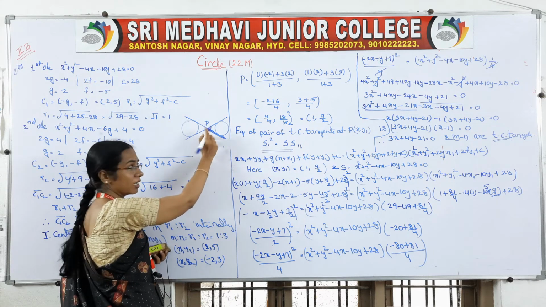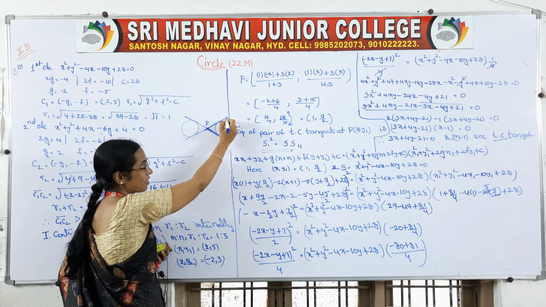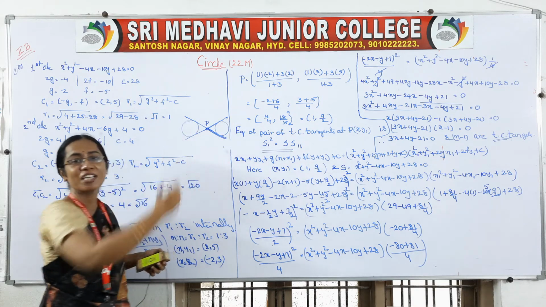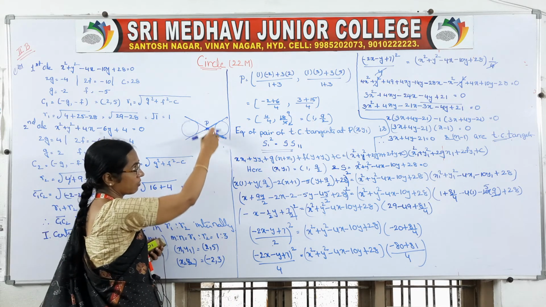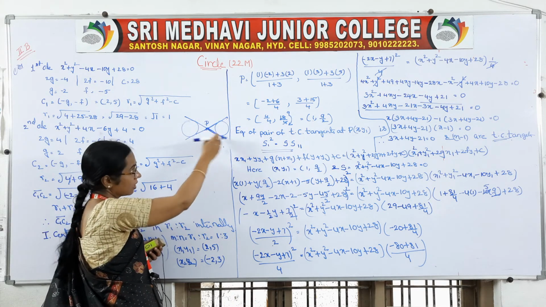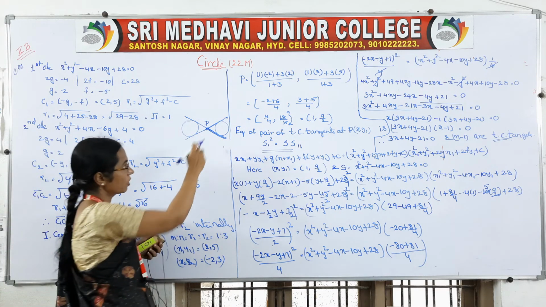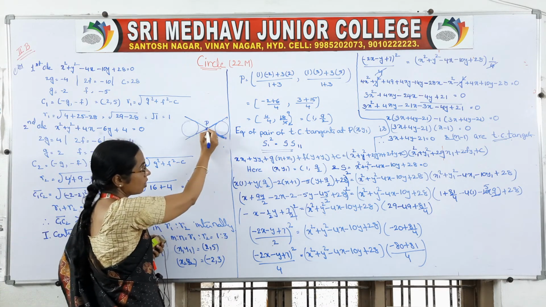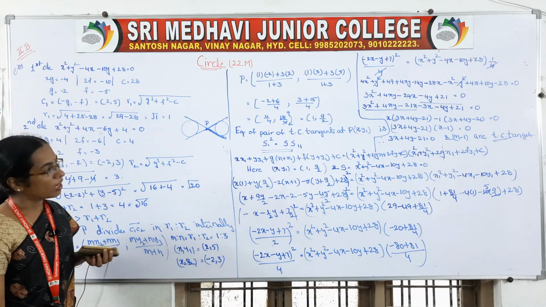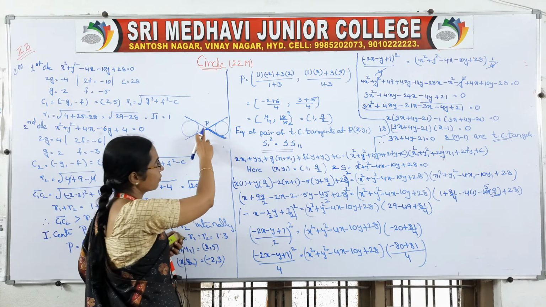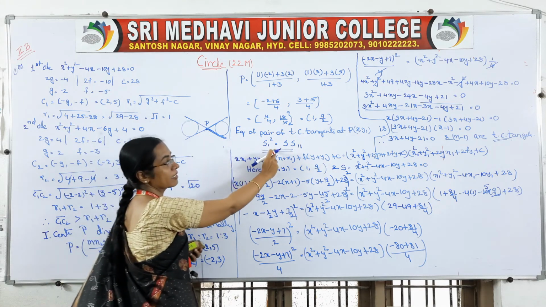Here this is one transverse common tangent, and this is also one transverse common tangent. So we want these two line equations. If you extend, the equation will be the same. So at the point, we have to take the pair of tangents. For that, what is the formula?